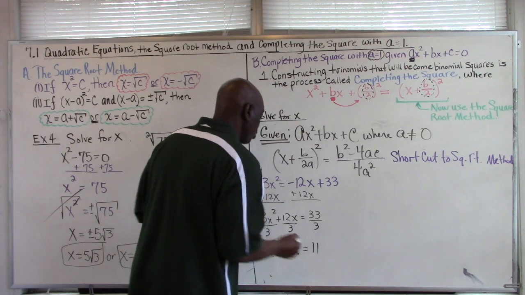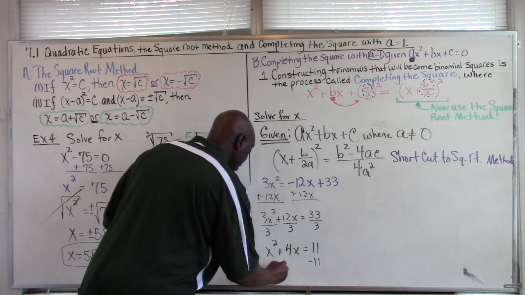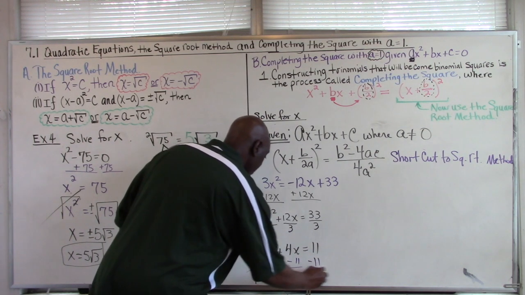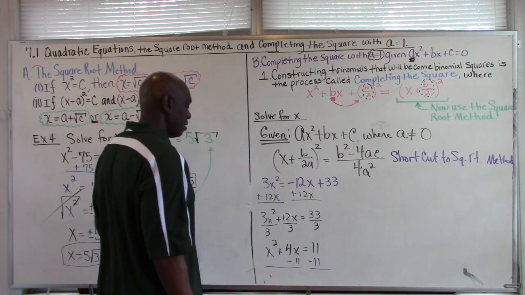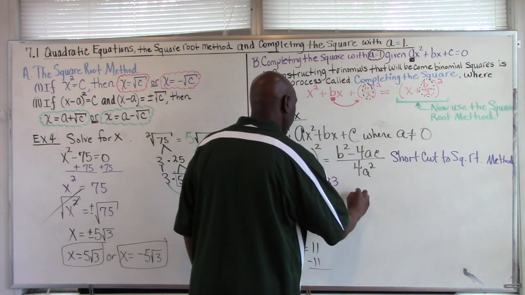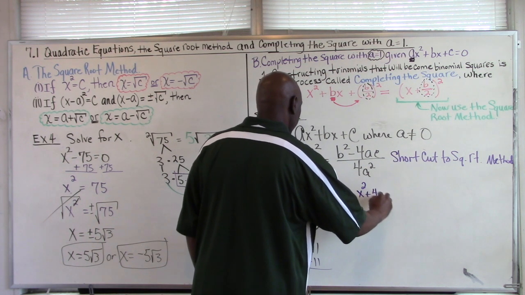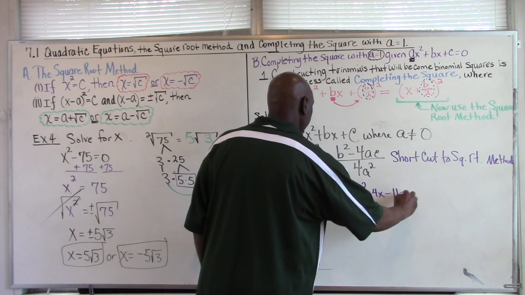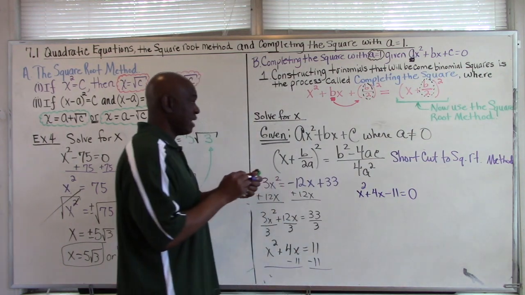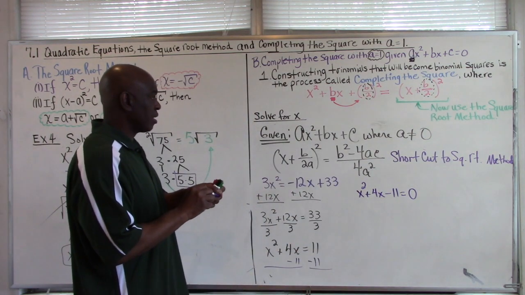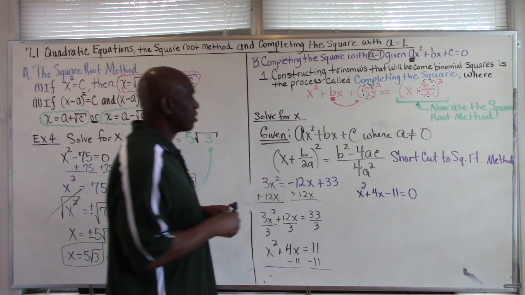And then if you subtract 11 on both sides, what are we going to get? You're going to get x squared plus 4x minus 11 equals 0. Okay, so if you write it like that, oh, I left off something here. This is important.